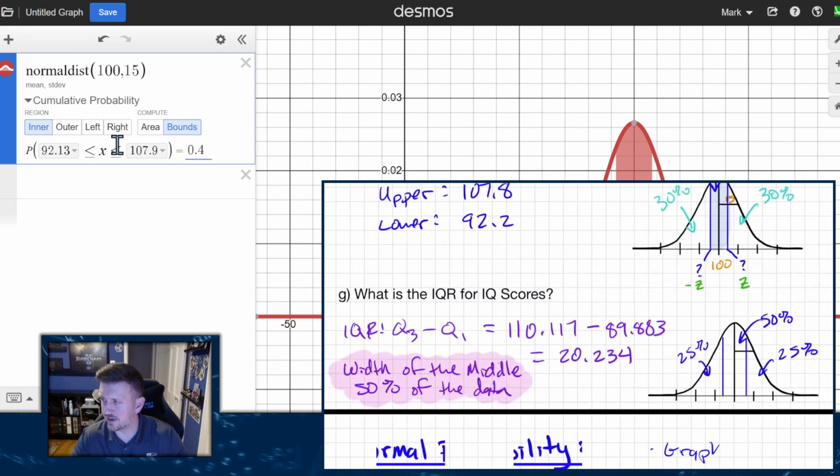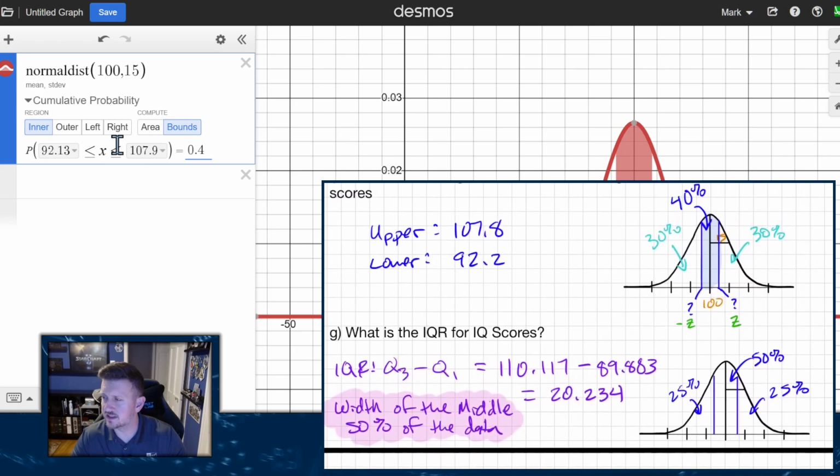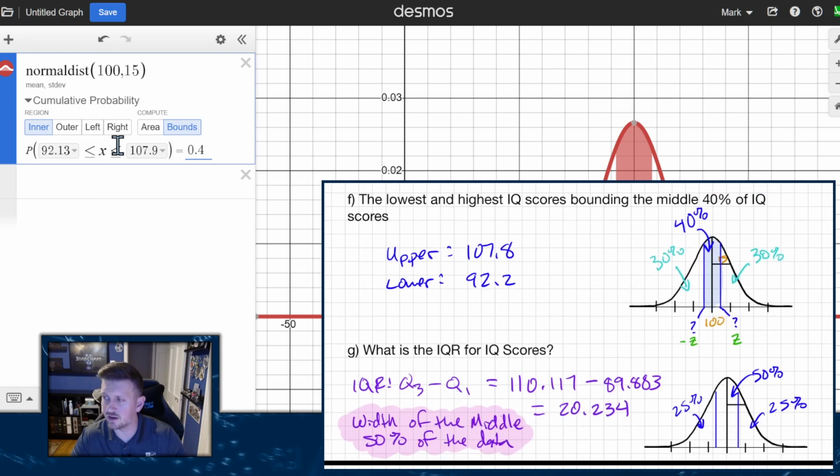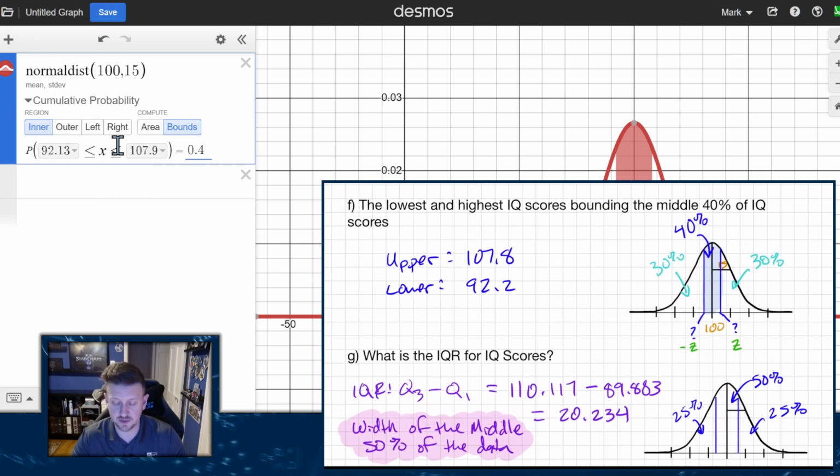All right, lastly, what is the IQR for IQ scores? Just a reminder that the IQR is the width of the middle 50% of the data. You could go about finding Q1 and finding Q3, which we'll do in just a second to verify, or you can just put in middle 50%.